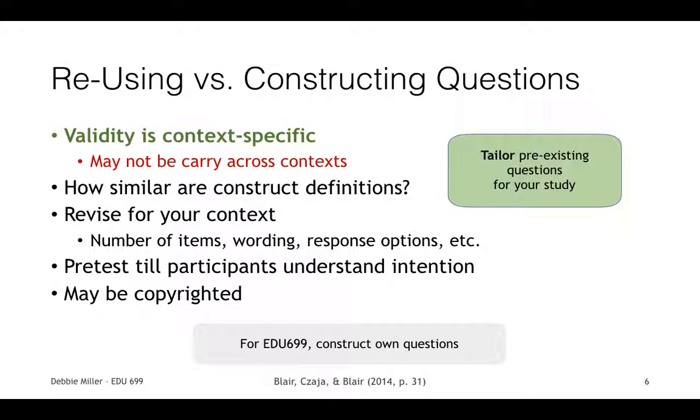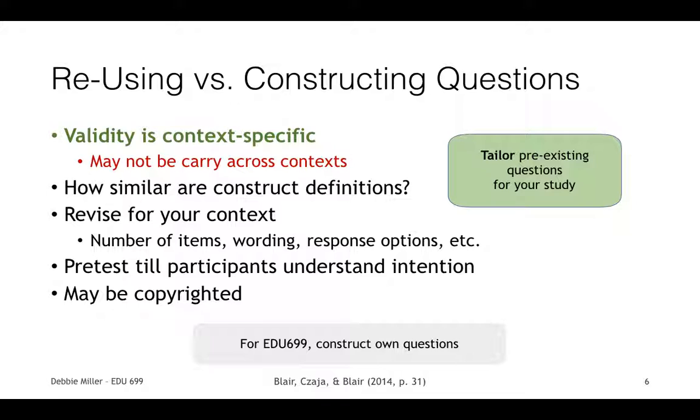If we reuse an instrument, we need to be aware that validity is not an inherent aspect of an instrument. Validity relates to how well an instrument fits the context in which it is used.